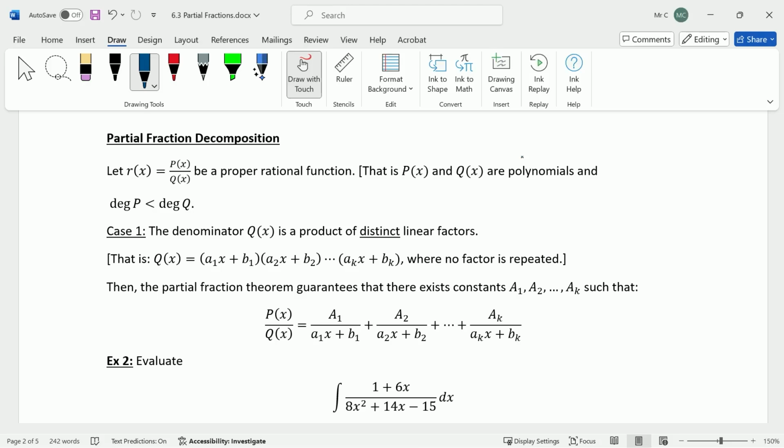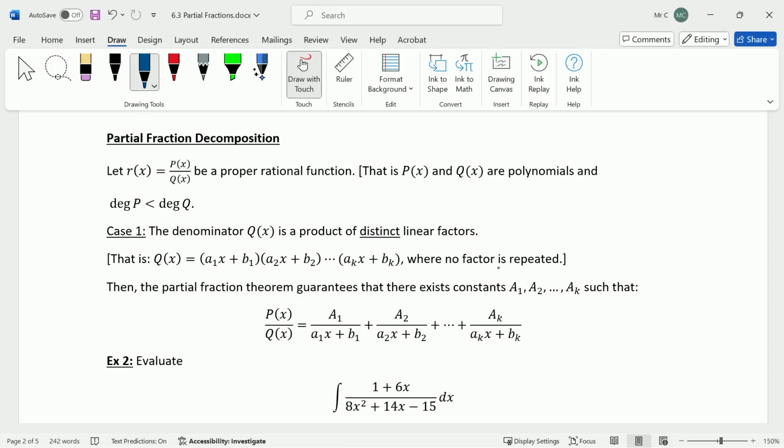All right, now there's several cases, and we're going to break these down one case at a time. So the first case, and we're really not talking about integrals right now, we're just talking about rewriting the fractions, but the function that we're concerned with is a proper rational function, meaning the numerator and the denominator are both polynomials, and the degree of the numerator is smaller than the degree of the denominator.